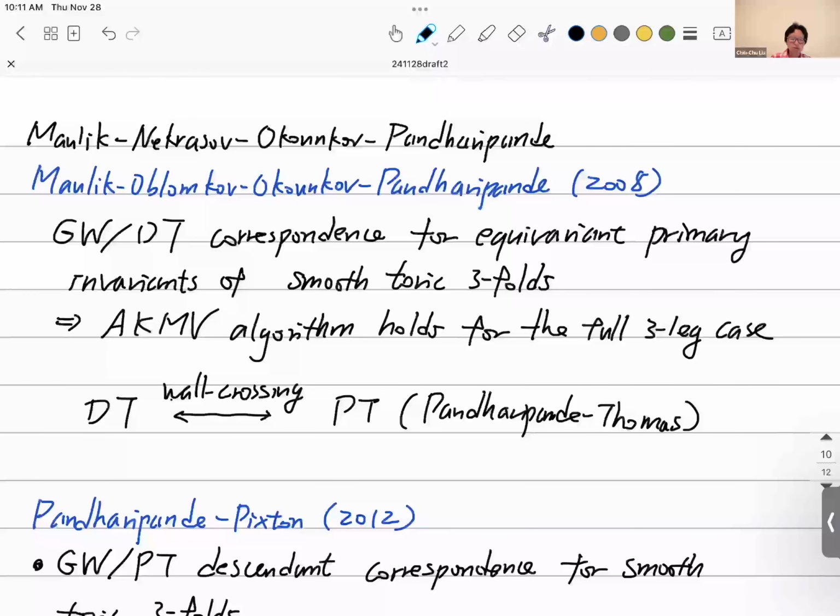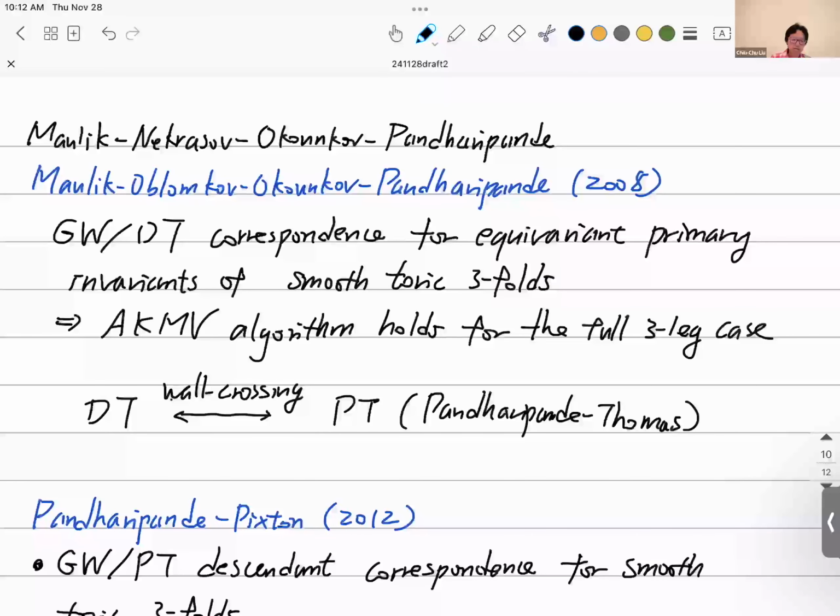And then I want to mention that there's another theory which is closely related to the Donaldson-Thomas theory by wall crossing. Both are sheaf counting theories, and they are integers.